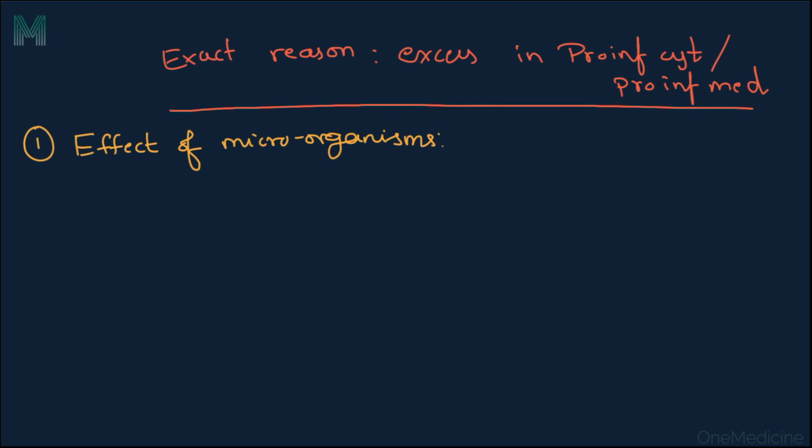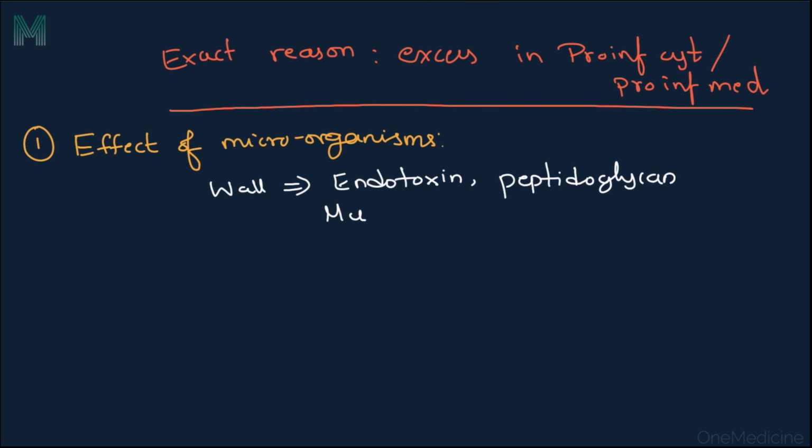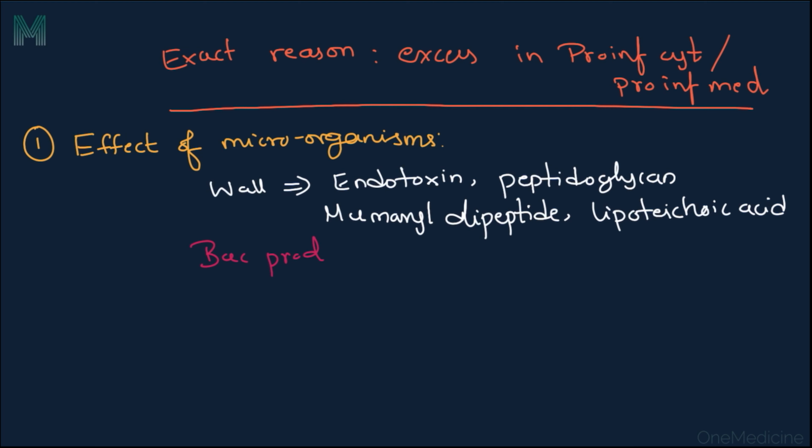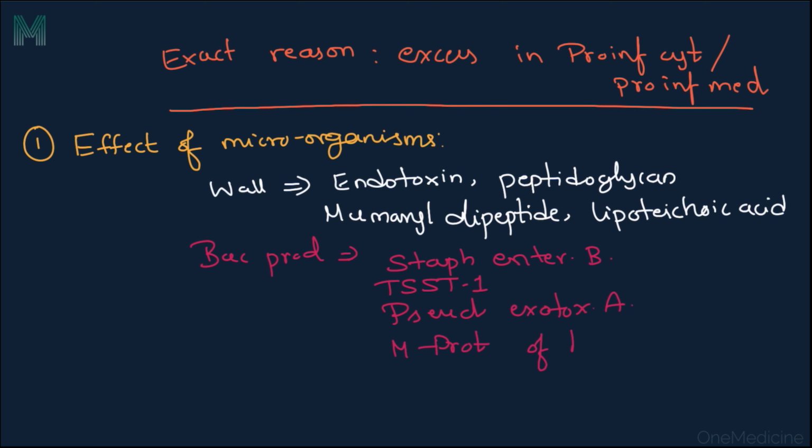So there are bacterial cell wall components such as endotoxin, peptidoglycan, muramyl dipeptide, lipoteichoic acid, then bacterial products such as staphylococcal enterotoxin B, toxic shock syndrome toxin 1, Pseudomonas exotoxin A, and M protein of hemolytic group A streptococci.